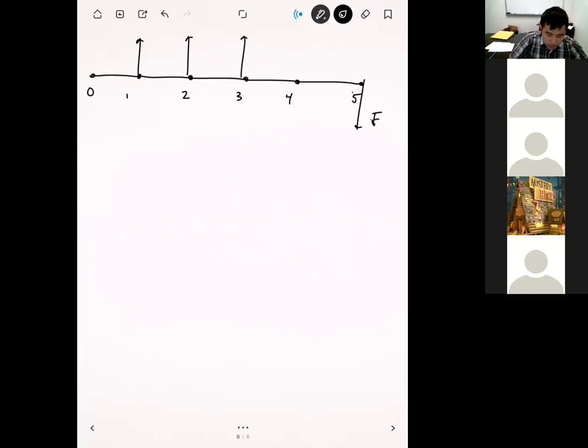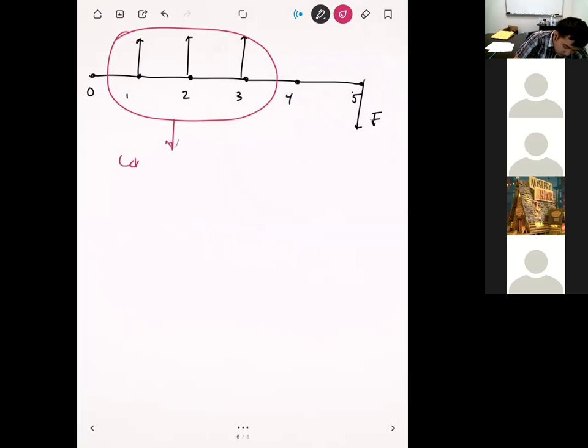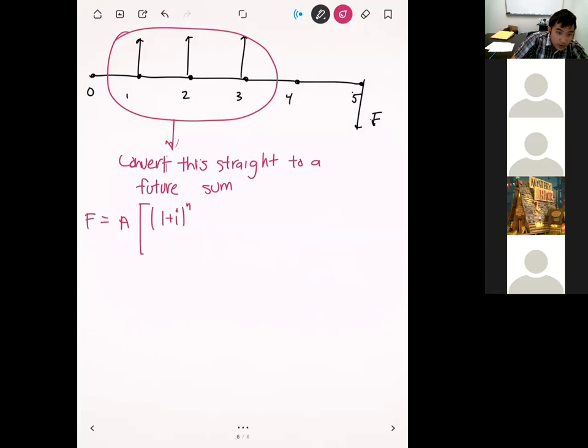Another way that you can approach this problem is to convert this uniform series straight to a future sum. We can simply use the formula F is equal to A times ((1 + i) raised to the n minus 1) divided by i.